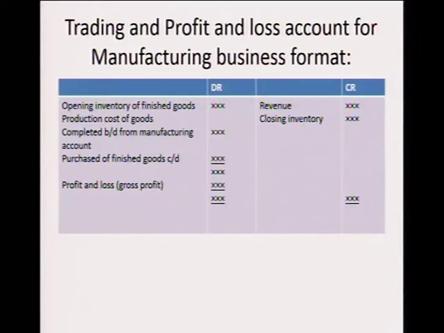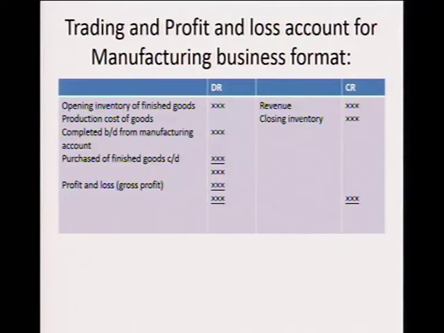Once you write this, you go to your manufacturing account, you get the amount, you put it on the debit side. And then we have the purchase of finished goods carried down. You go into your provided information, you get the amount, you put it on the debit side. And then we have the profit and loss account, you put it on the debit side.